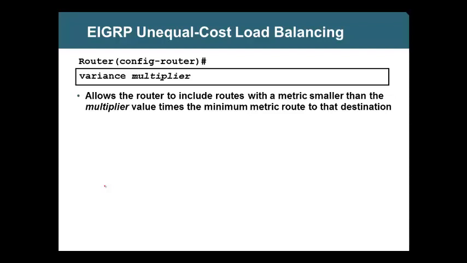The other paths that satisfy the feasibility condition but are not the lowest one will be seen only in the topology table. Now those paths can be utilized by changing the variance. When you change the variance, those paths which were only in the topology table will now be seen even in the routing table. So you got the route in the topology table as well as the routing table.